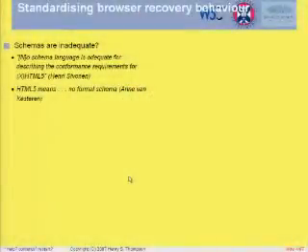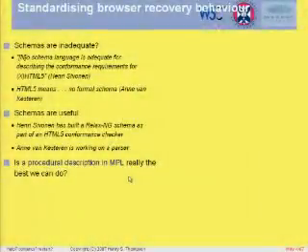Right? No schema language is adequate for describing the conformance requirements for XHTML5. XHTML5 means no formal schema, right? No grammar. At the same time, these very same people are writing schemas, they just don't want them to be official. All right, I'm going to skip over the background here because this isn't really what's interesting.